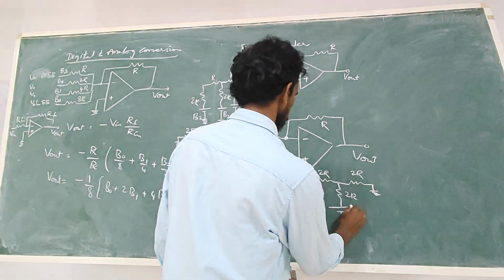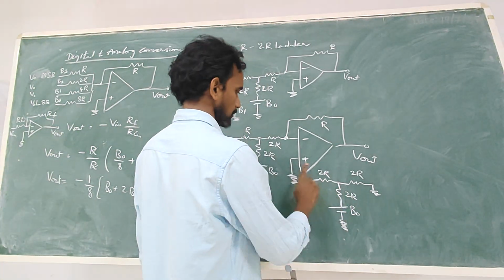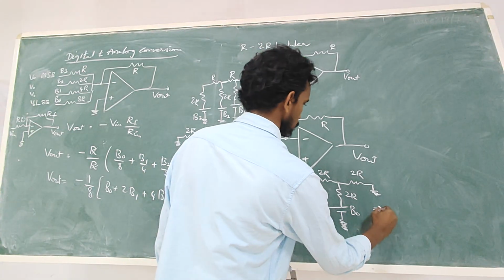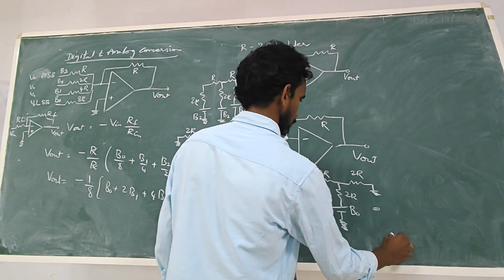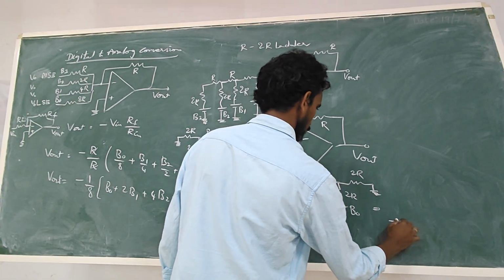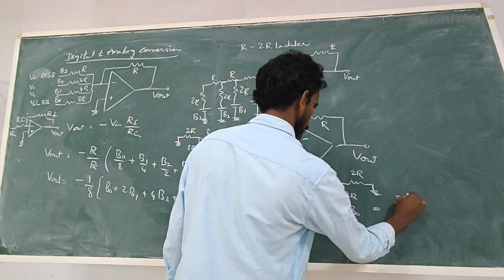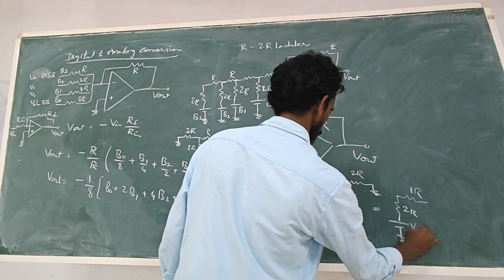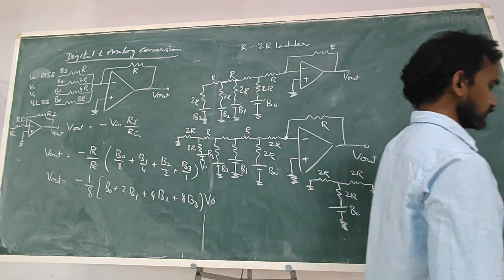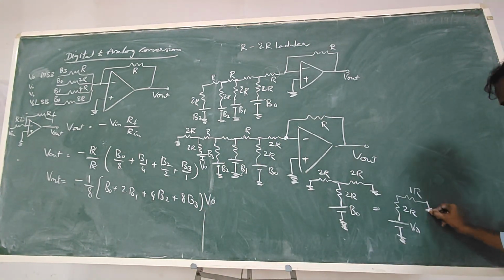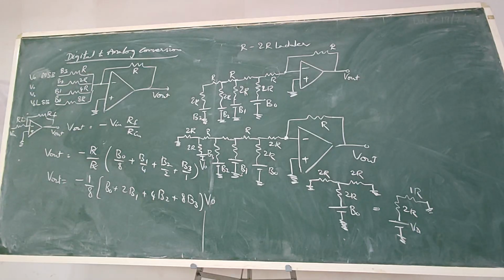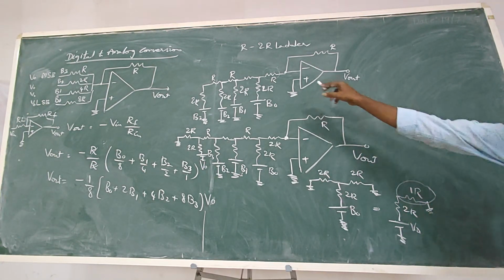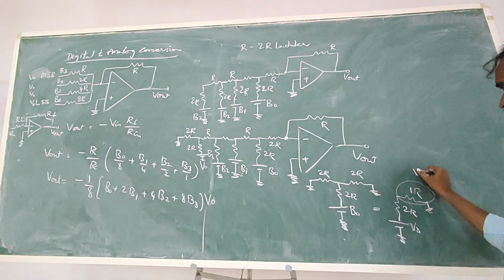So if you have only B0 in the circuit, I mean only when B0 is on, then this is the circuit. This is equal to R and 1R. V0 is the input voltage. So the voltage drop at this point is V0 by 3.